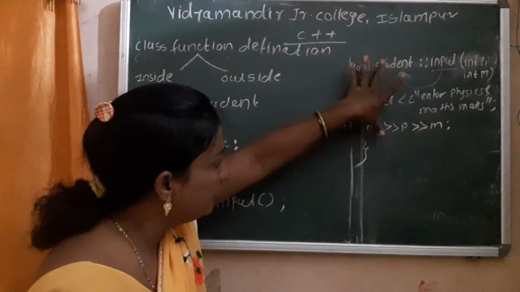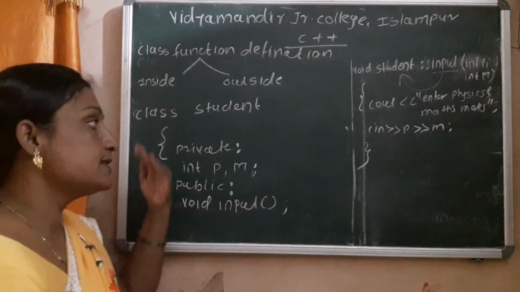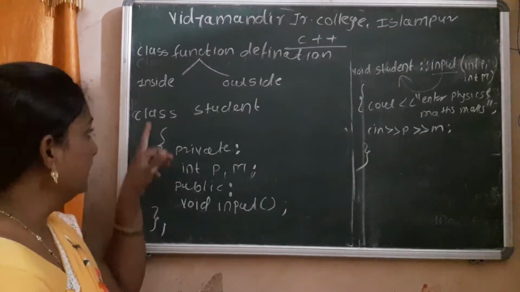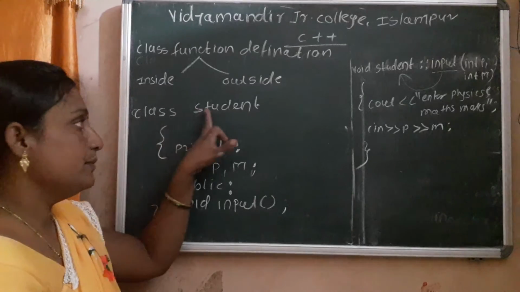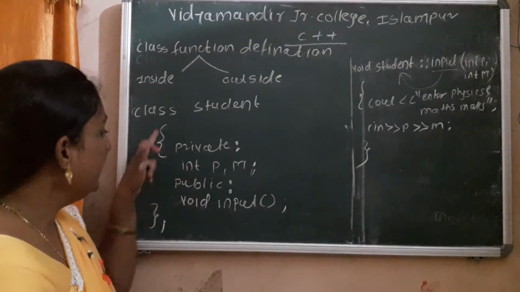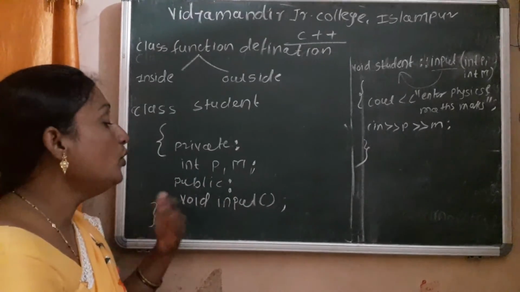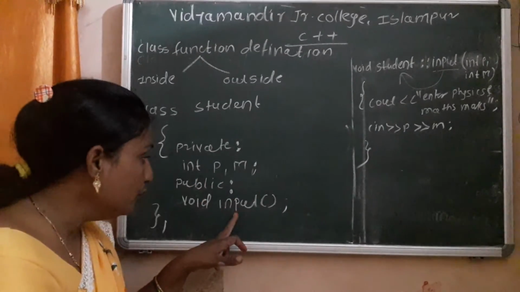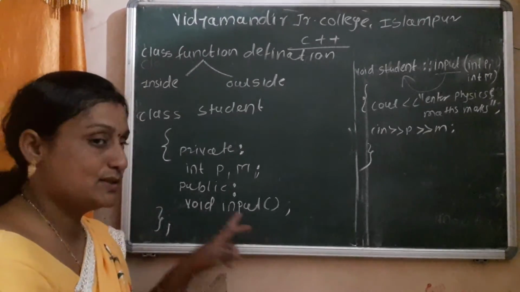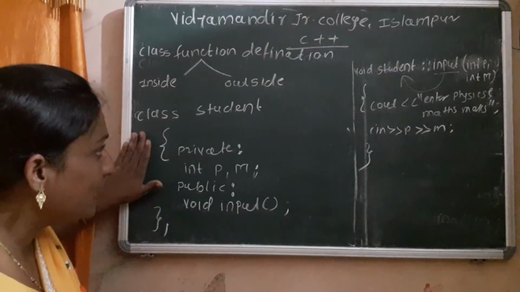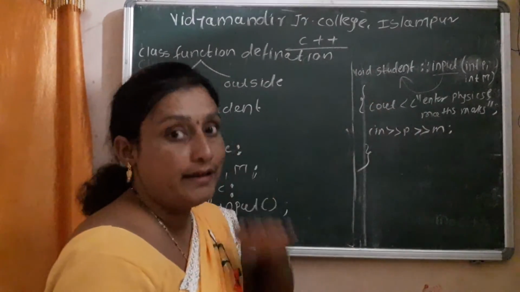Before the function definition we write the class declaration, which we studied in a previous lecture. Here the class data type is student, in private I write the p and m variables, and I want to operate a function, input. Before using the function we must declare it. So this is the class declaration, and the second part of the class is the function definition.